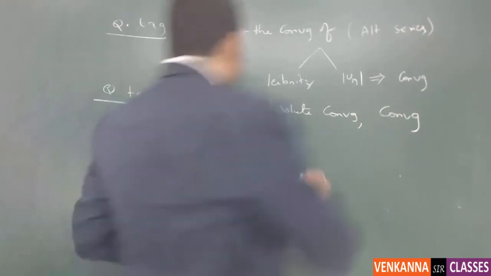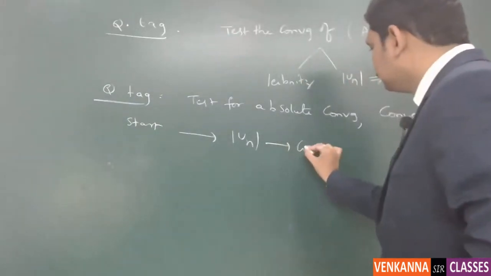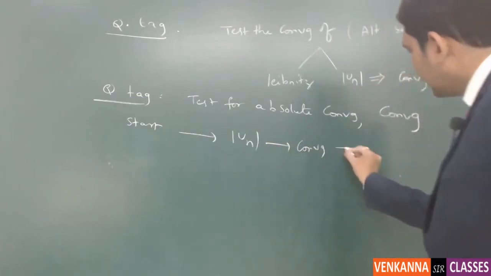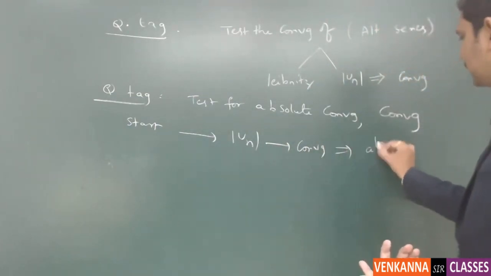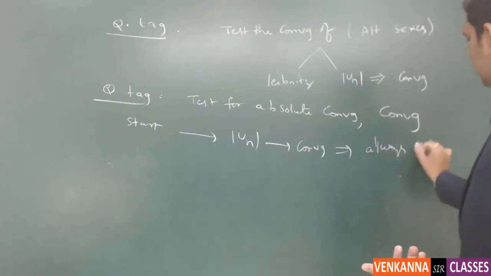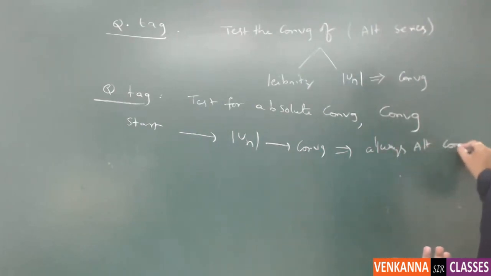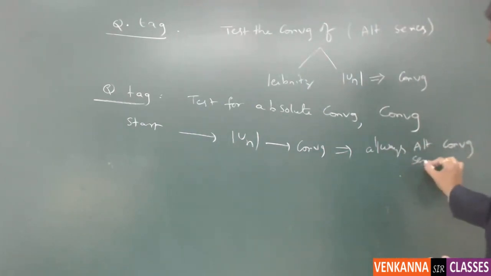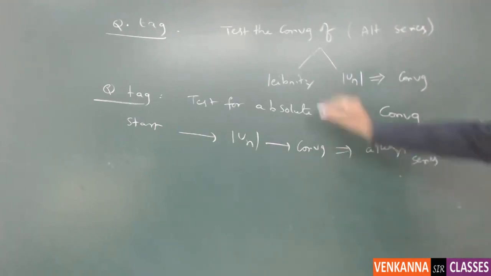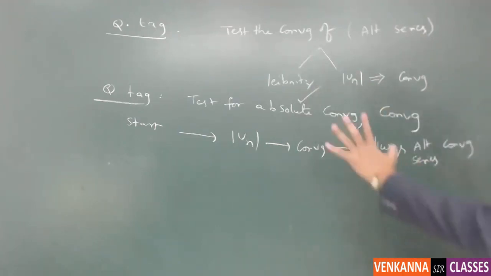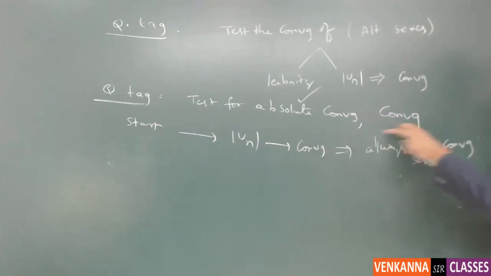So if it is convergent, then by default, it is convergent. An absolutely convergent alternating series is always convergent. So when absolute convergence is satisfied, there is no need to verify the regular convergence.